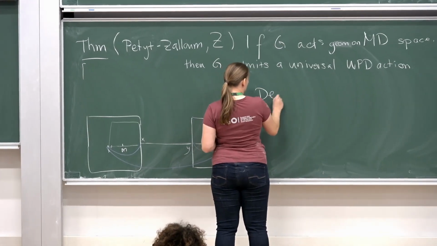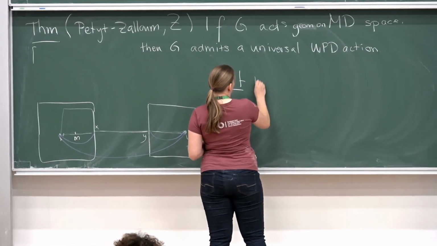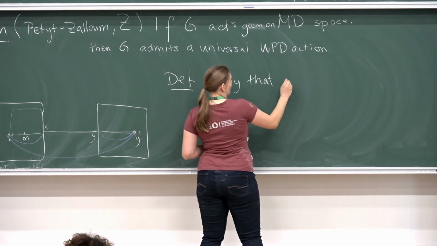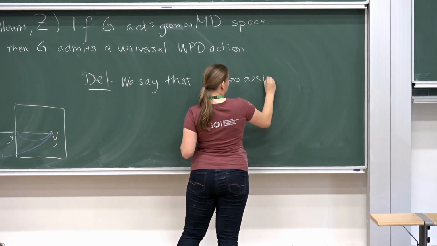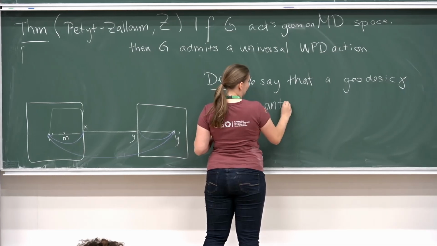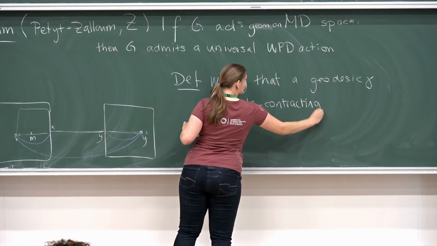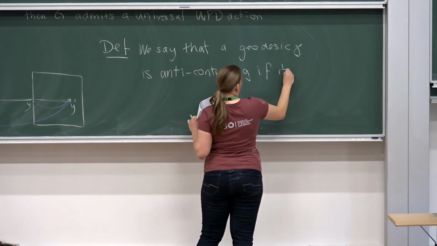So, definition: we say that a geodesic gamma is anti-contracting if it does not have any thin subsegment.